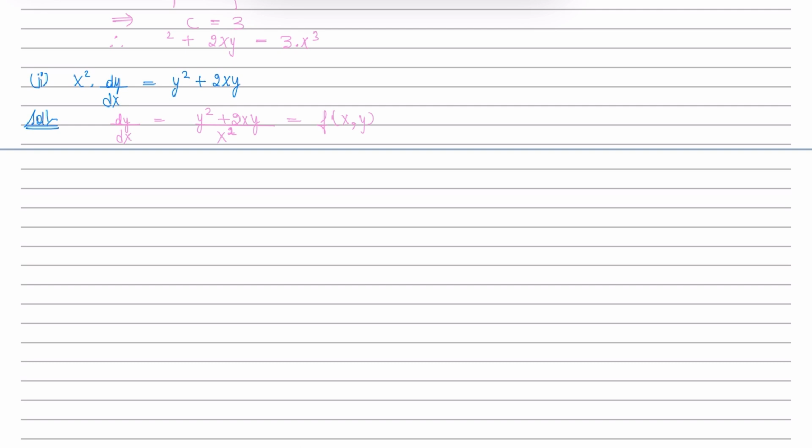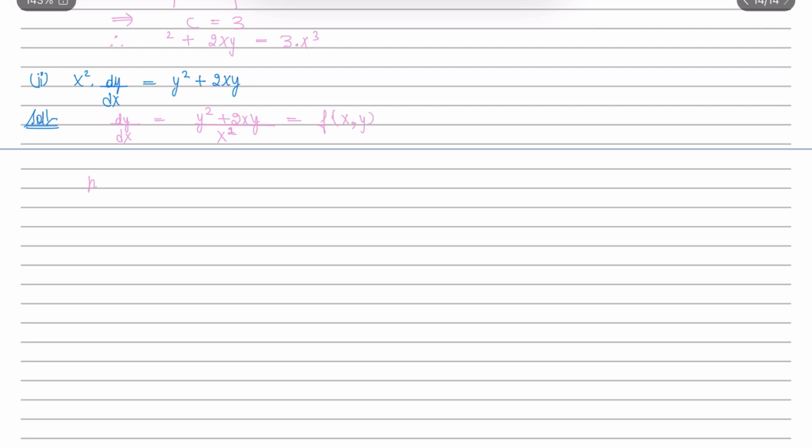says that we put y is equal to v into x, implies dy by dx is equal to v plus x into dv by dx.